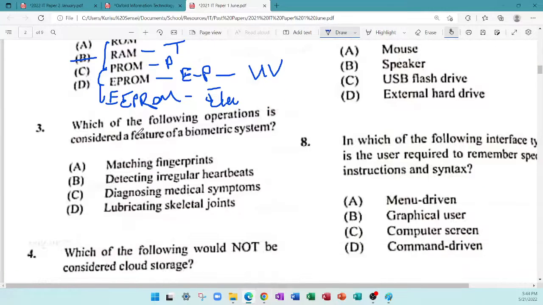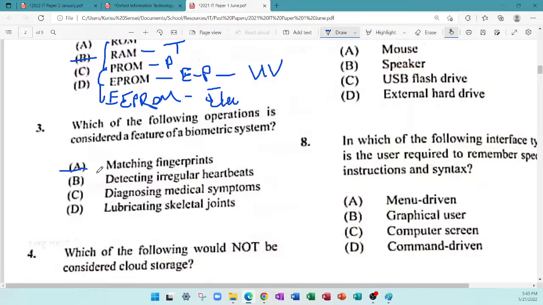3. Which of the following operations is considered a feature of a biometric system? Matching fingerprints. Good. So what are the other biometric features?